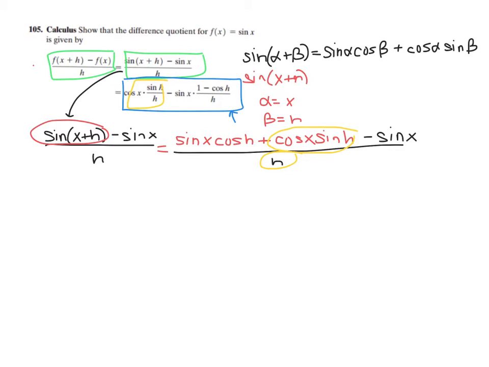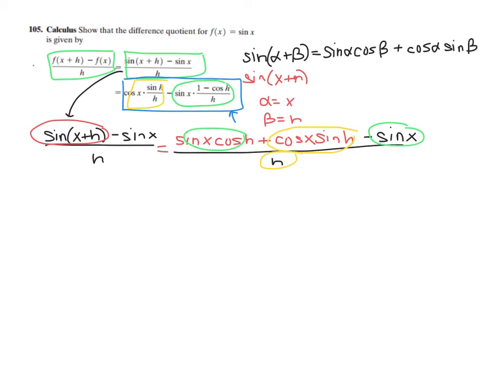The second part, sine of x times 1 minus cosine h over h, is a little bit more complicated to work with, but since we know what the end result is, we can figure out that the other two parts of this big humongous fraction are going to give us that. And I do want you to notice that the things that I just circled in green both have a sine of x in them, which means that we are able to factor out a sine of x.